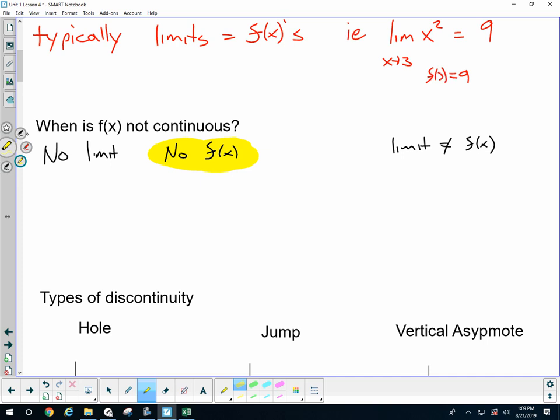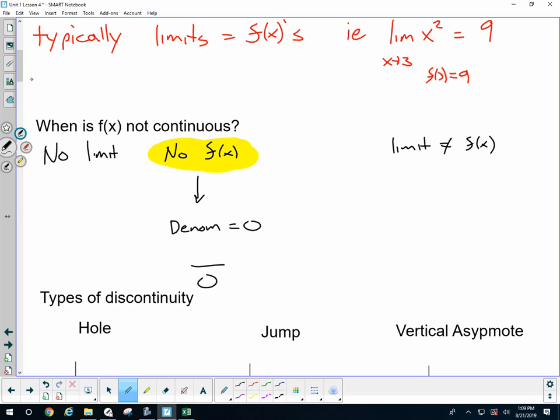And when there's not a function value is usually a situation when you have a denominator equal to 0. You are not allowed to divide by 0. So if you are looking at some sort of function, and all of a sudden you have a 0 in the denominator, this means you don't have a function value. So for the first sets of examples, we're going to focus on that. We're not going to have a function value when we have a 0 in the denominator.